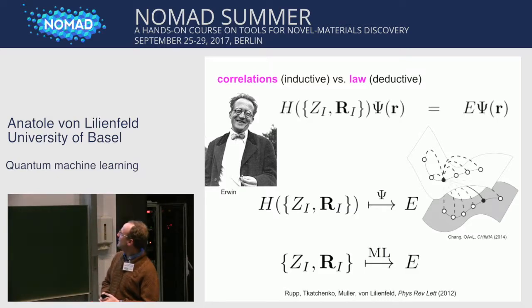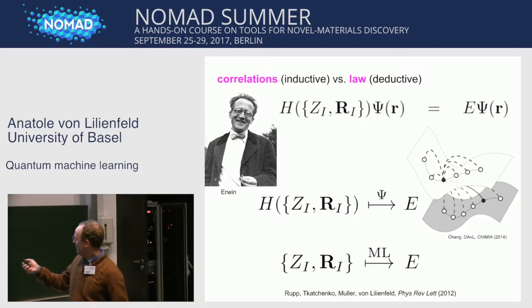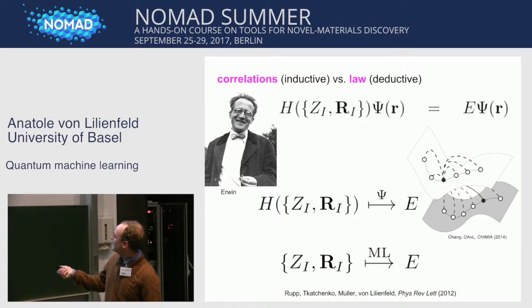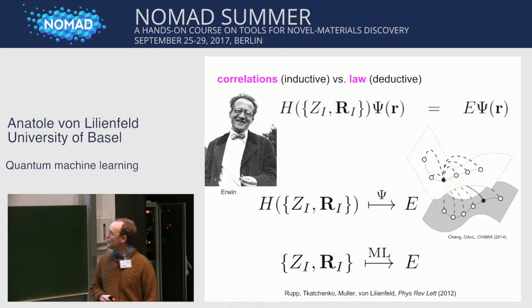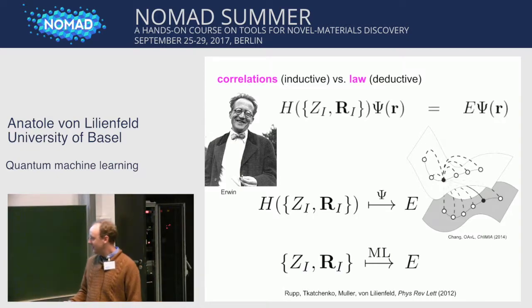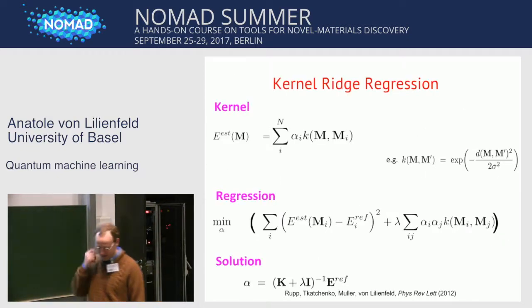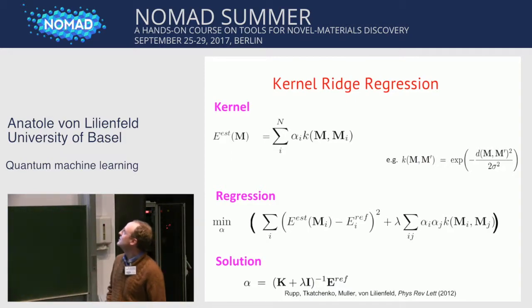This is then where I met not only Alex Tkachenko, whom I've been collaborating with ever since the 2005 workshop, but also Klaus Müller, who is a machine learning expert at TU. And we had this discussion of how to do the same thing as the traditional way of solving Schrödinger's equation. And so these kernel methods, which Gabo so eloquently summarized, seemed to be the appropriate thing to start with for us as well.